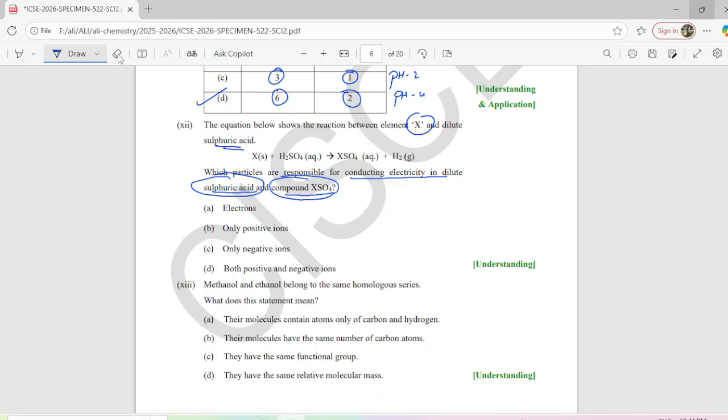And in the electrolyte, the conduction of electricity is due to the presence of free ions. These free ions can be positive ions and negative ions. So in any electrolyte, both positive and negative ions must be there, which are responsible for conduction of electricity. So here option D is correct, both positive and negative ions.